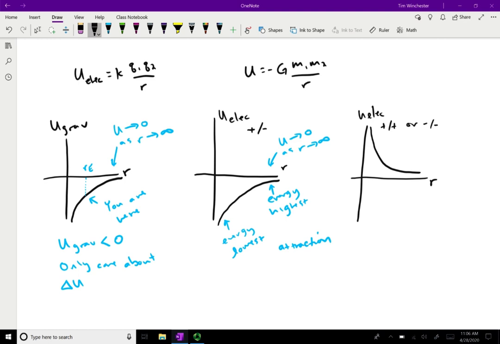So here we get some different behavior. Here we see, for instance, that although the energy still goes to zero far away, the energy is lowest when they are far apart, and the energy is highest when they're close together.